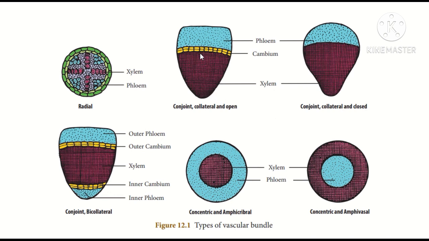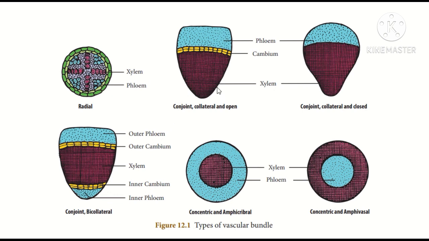This is the diagram. You can see the arrangement of vascular bundle in the form of a conjoint, that is xylem and the phloem lying on the same radius. And it is of two important types. One is collateral and the other one is bicollateral. So what is collateral and what is bicollateral?